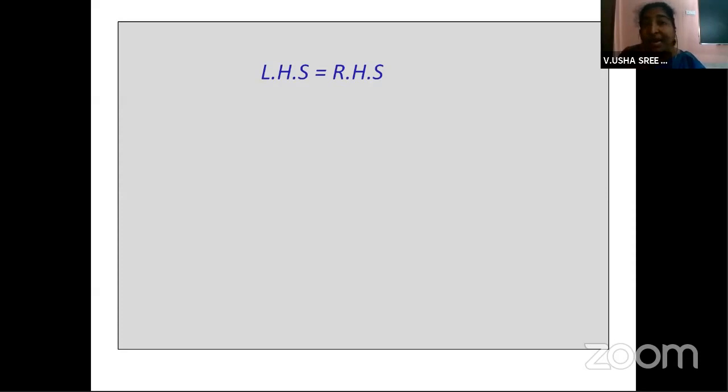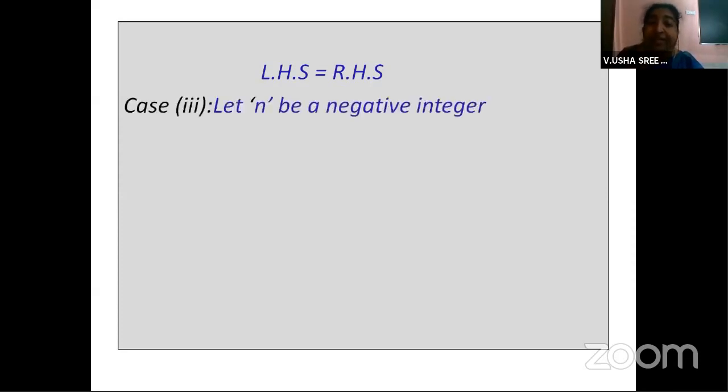Okay. Now the last case, case 3. Now we'll take n as a negative integer. We have taken the positive case, we have taken 0, and the last one is negative integer. See, what is the difference between a positive and a negative integer? Positive integer with a plus sign, the same value, when you take minus in front of it, it becomes a negative integer, isn't it?